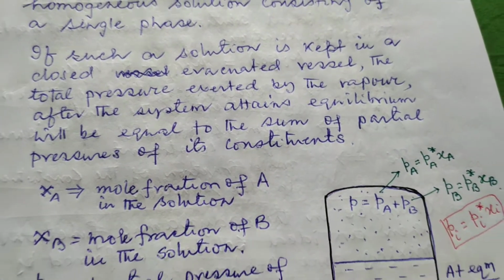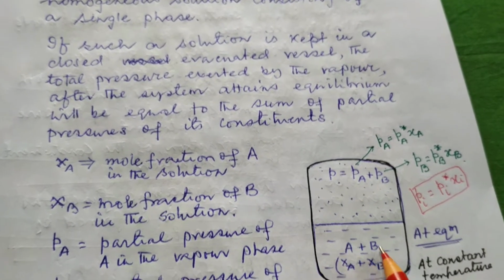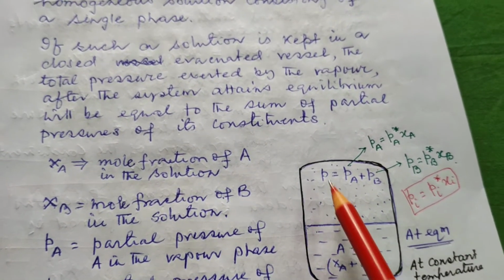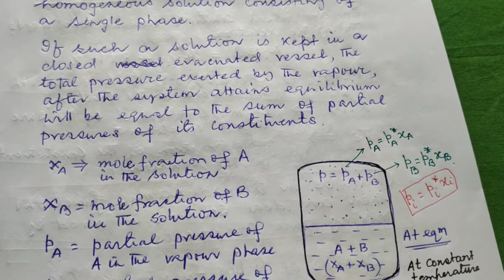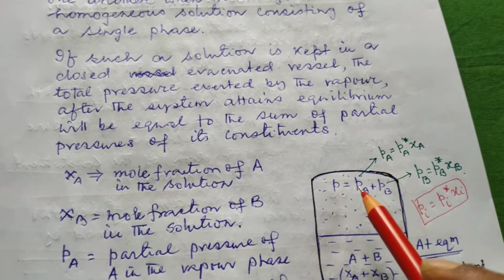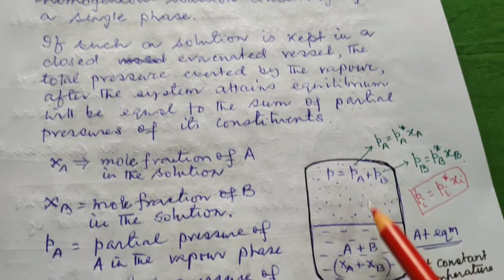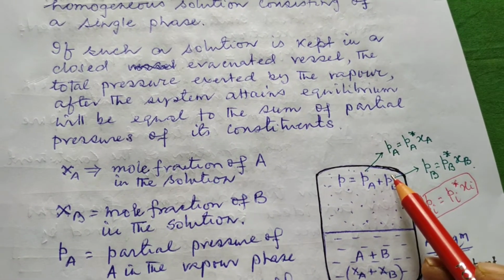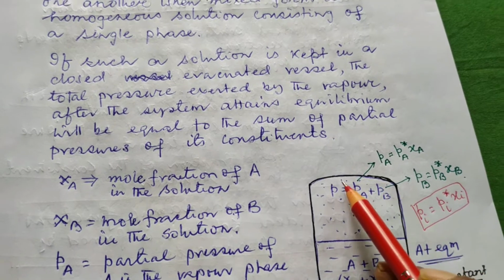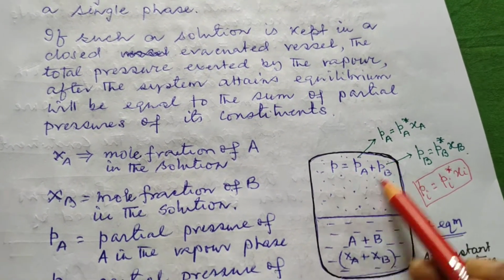Now, this solution on mixing A and B is kept in an evacuated vessel at a constant temperature. Pa is the partial vapor pressure of A, and Pb is the partial vapor pressure of B. And the small p, this is P equals Pa plus Pb, this is the total vapor pressure.